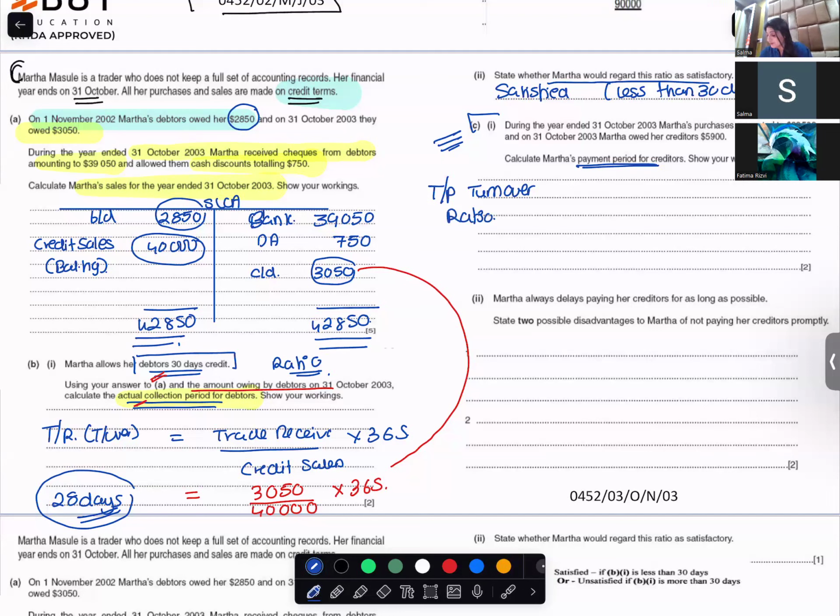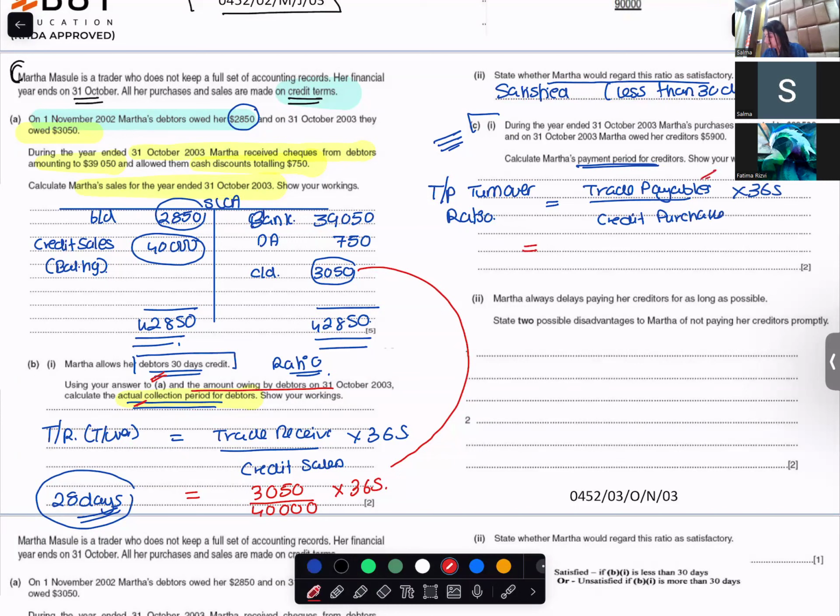The formula is trade payables over credit purchases times 365.